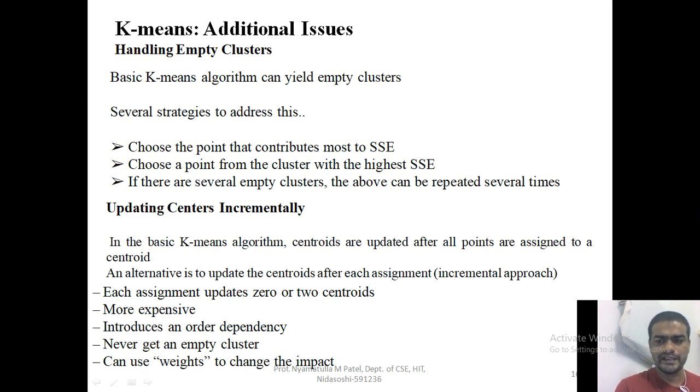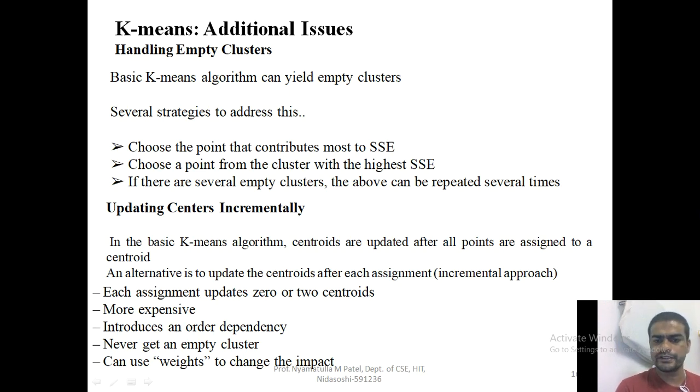Then in the next iteration the centroid changes, and because the Euclidean distance varies, more points come into one cluster. An alternative is to update the centroid after each assignment. That is what we call an incremental approach.